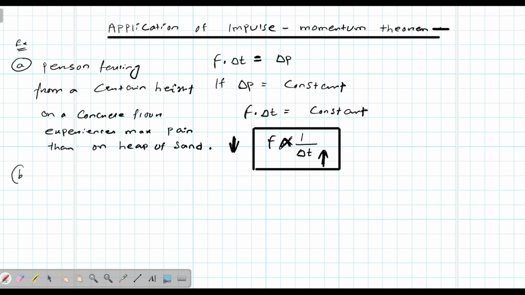Second, shock absorbers are used in vehicle for rider comfort.